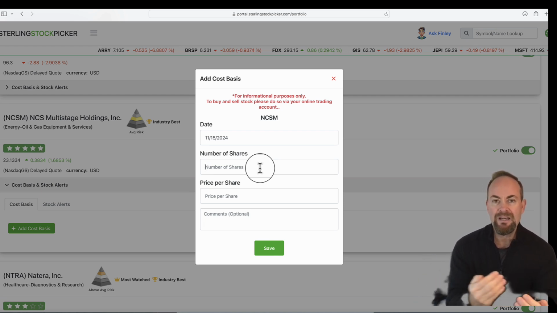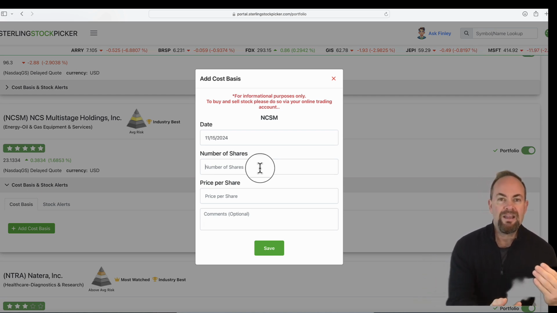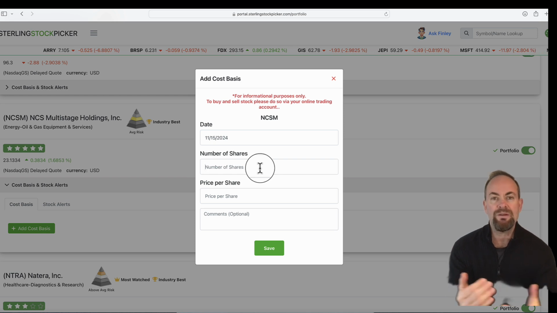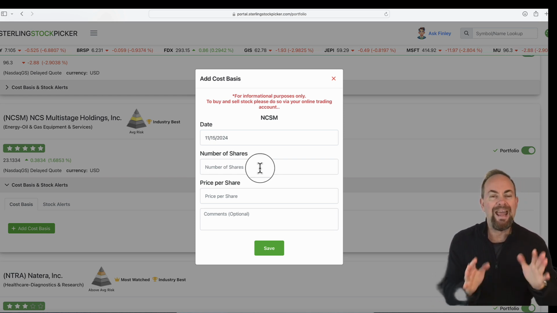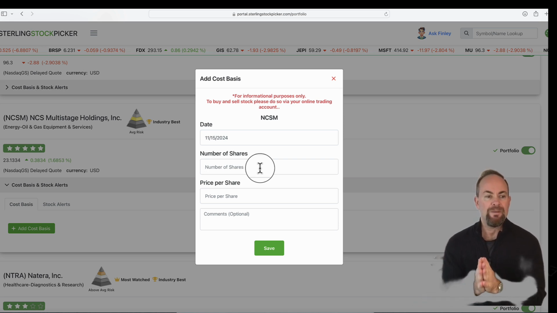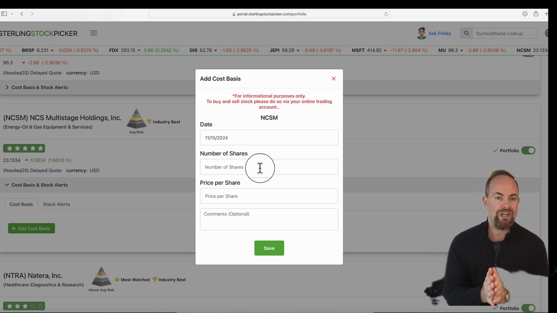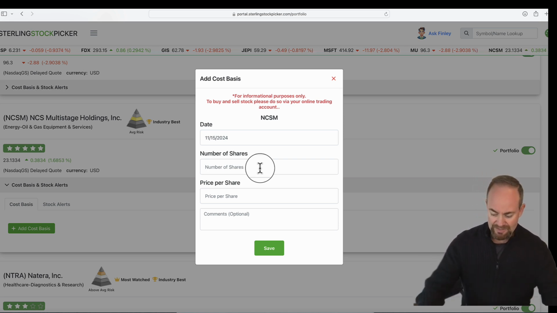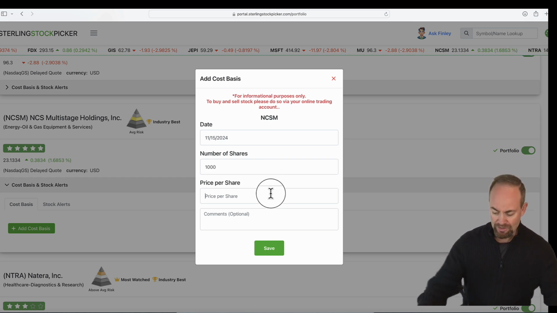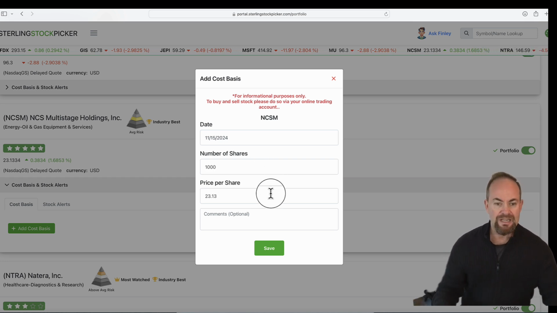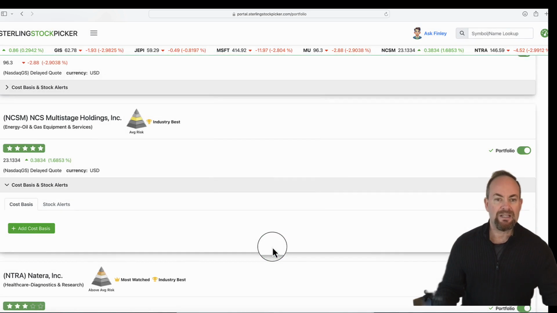Each day, depending on the market and what stocks and sectors are doing, let's say conservatively, we're going to add 20,000 or 1,000 shares into this stock. So I'm going to look at 1,000 shares. The price is currently $23.13, and I'm going to click save.